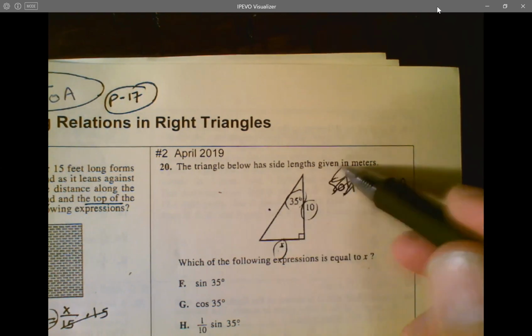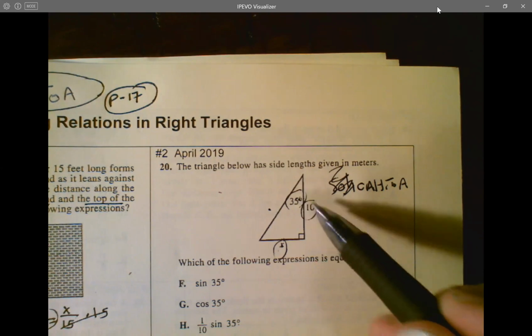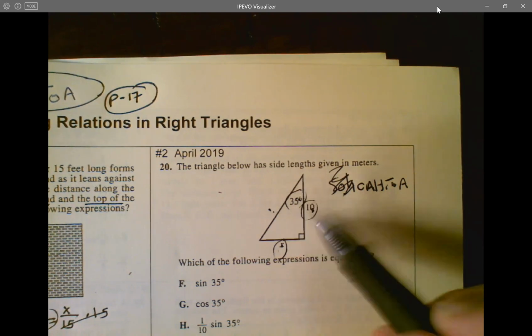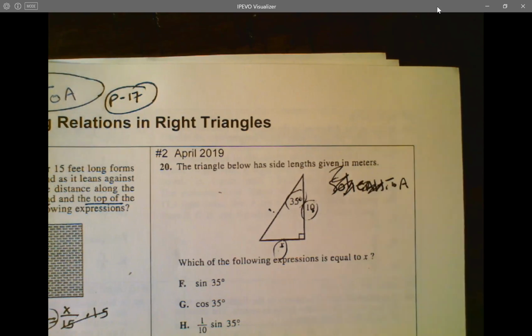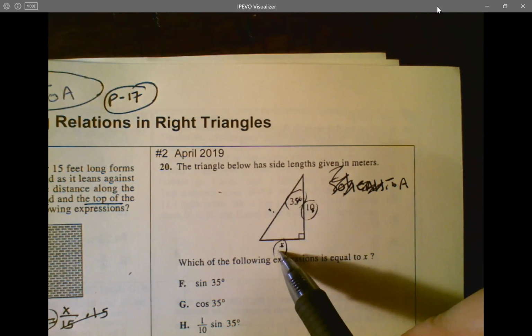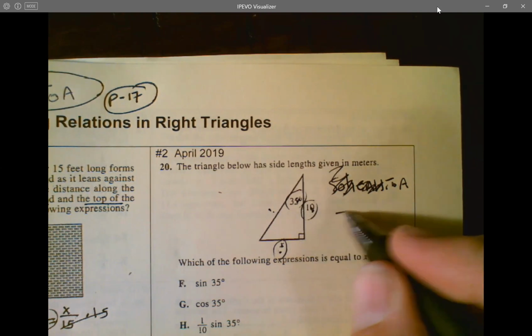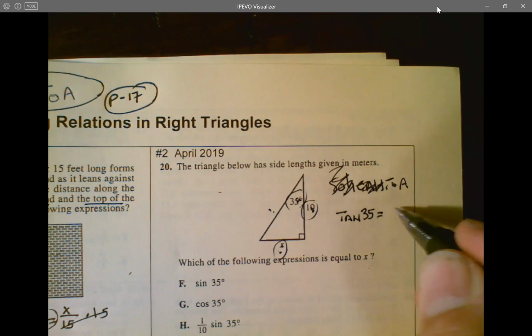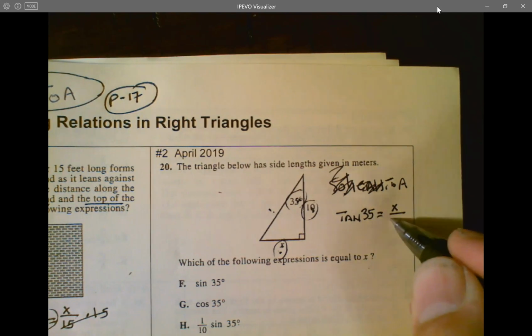Can't be sine. Let's try cosine. Adjacent over hypotenuse. Nope, it's not those. Hopefully it's tangent. The tangent of 35 is opposite over adjacent. That's what it is.